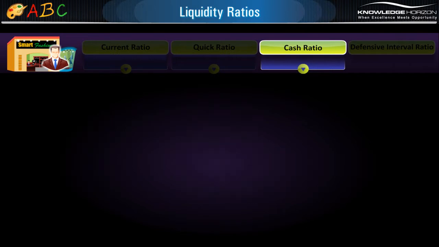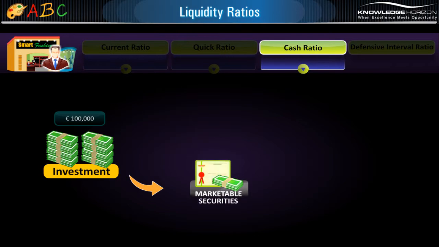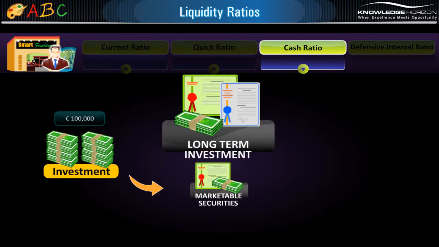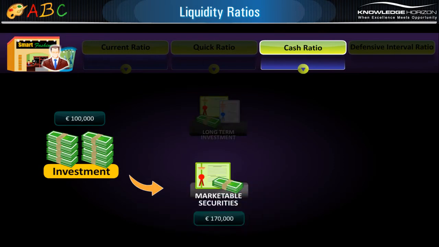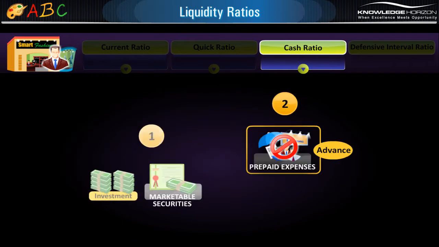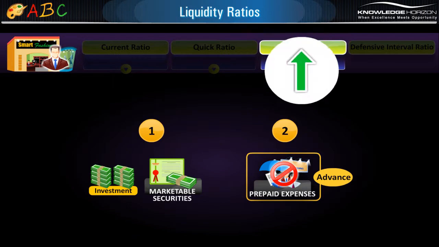Do you also recall that we had assumed that if Smart Fashions had invested €100,000 in marketable securities instead of a long-term investment, then the marketable securities would have been €170,000. Taking these two factors into consideration, the cash ratio can be improved.